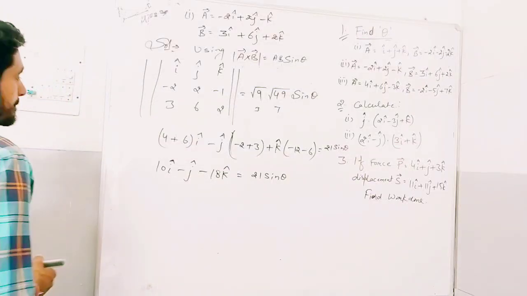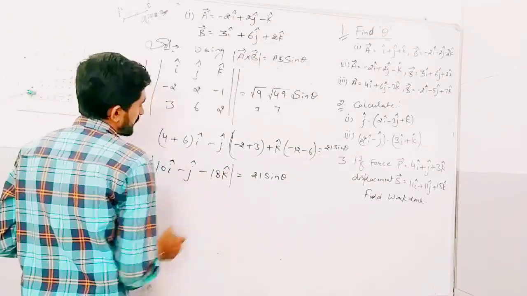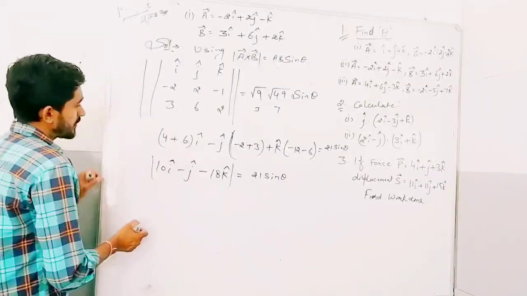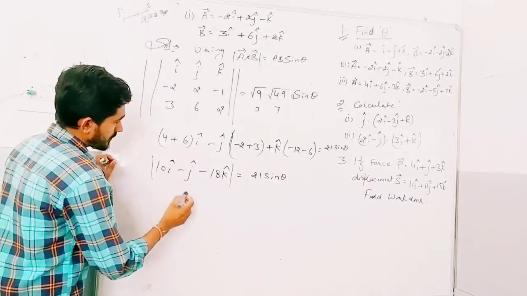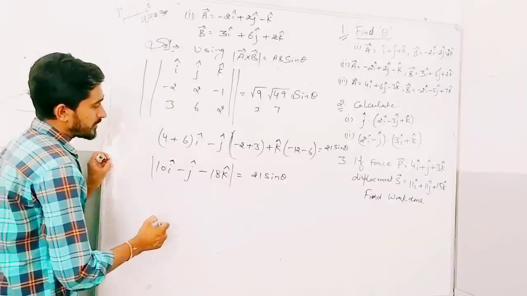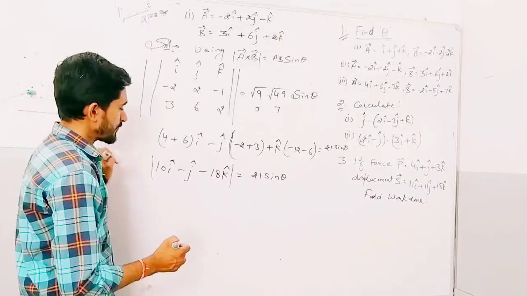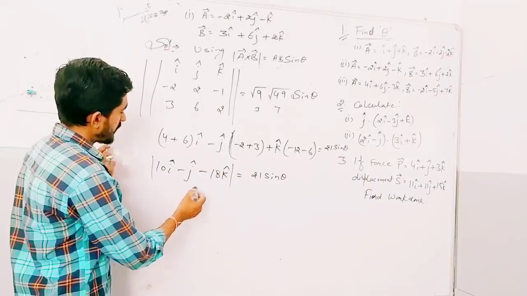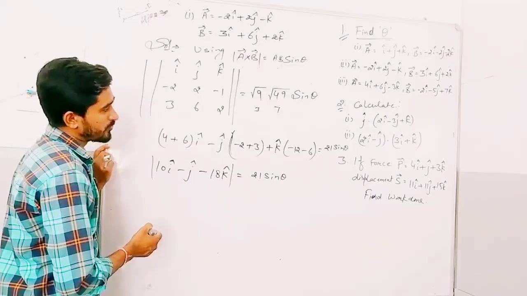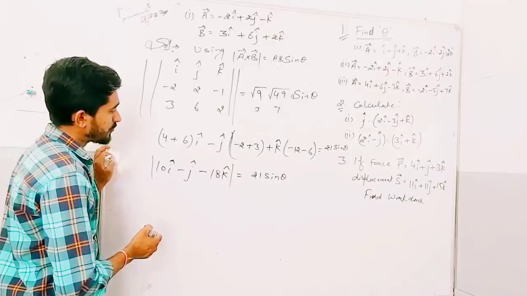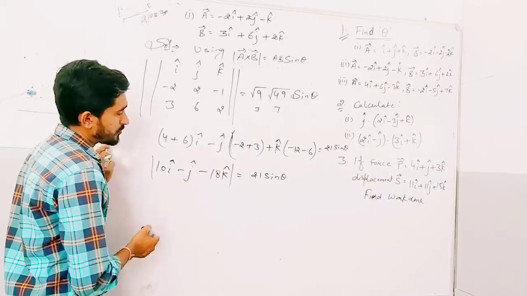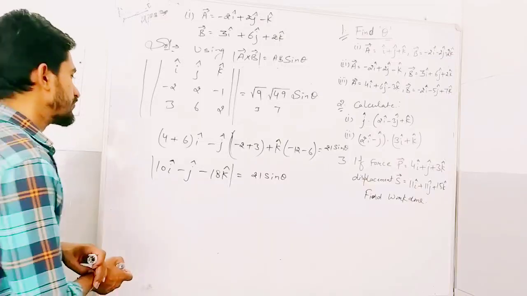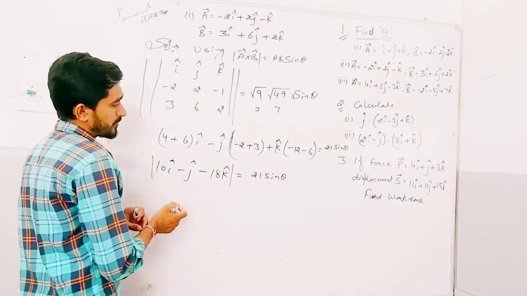Okay, now the magnitude of this. 18 square is 324, and 100 makes 424, and 1 more makes 425.